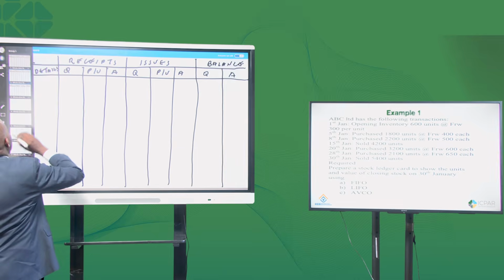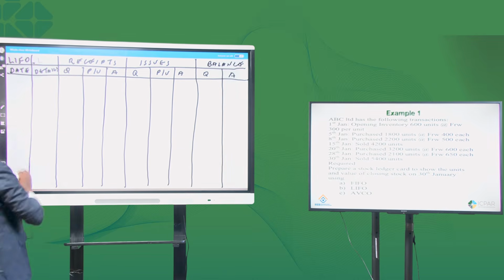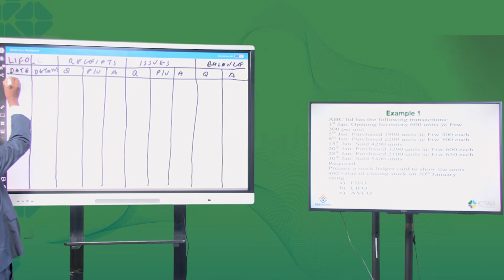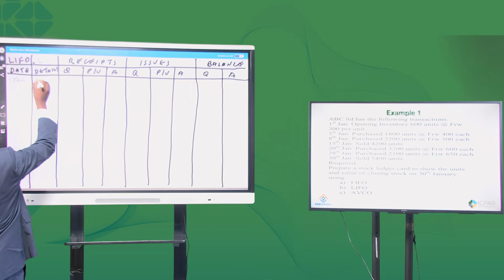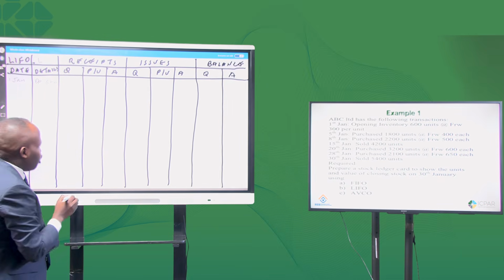So this is the method we are going to use. Last in, first out. So let's post the details from the beginning. On 1st January, we have the opening stock.